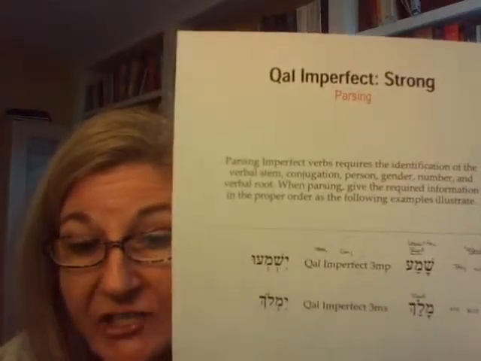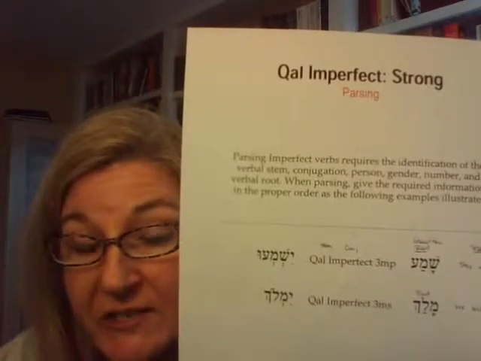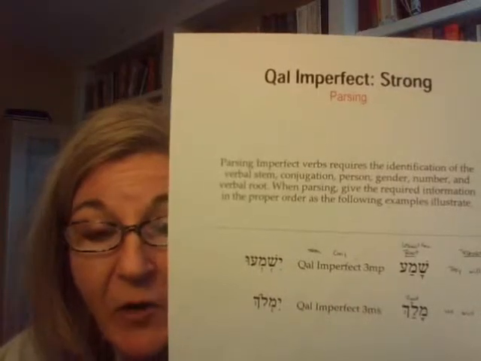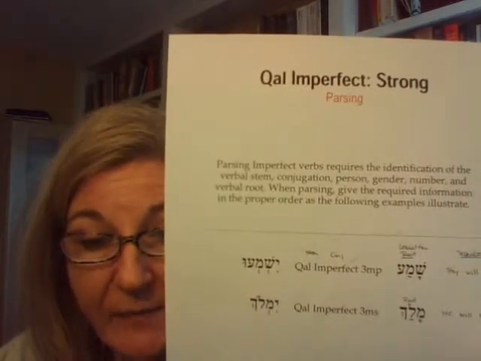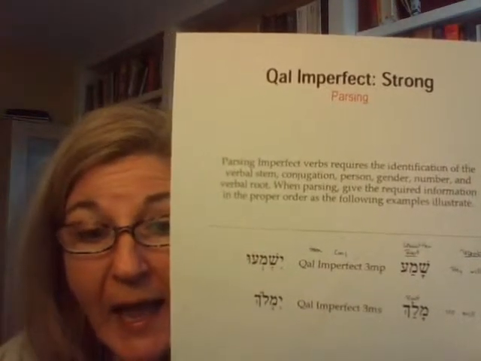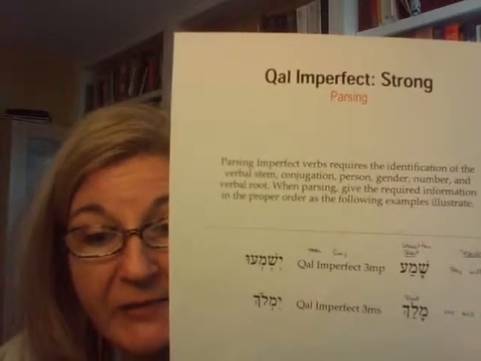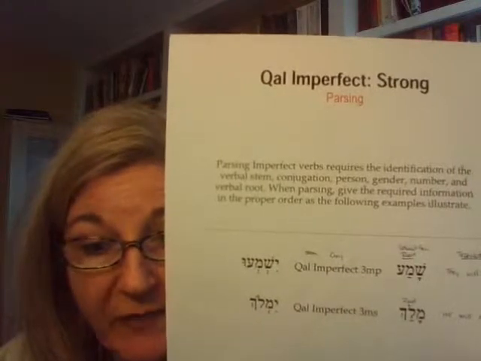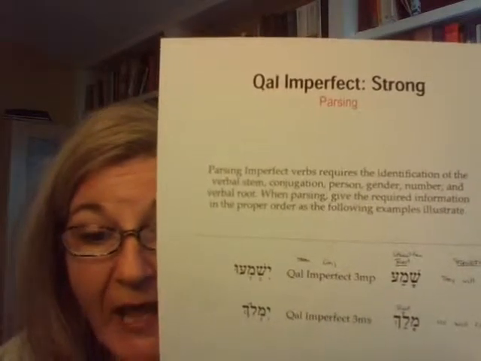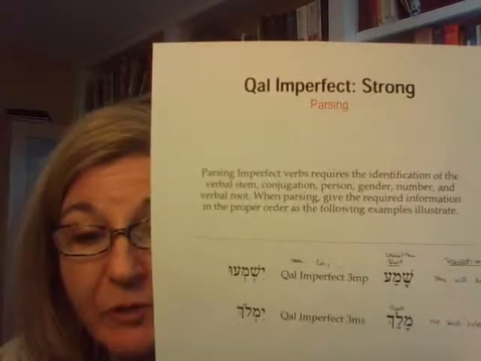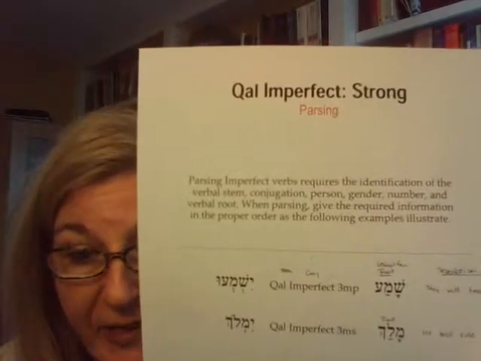And then the conjugation: the only two conjugations that you have to this point are perfect or imperfect. According to the verb and its prefixes and suffixes, it's going to be either imperfect or perfect, and that's its conjugation. And then person, gender, and number, third masculine plural in this particular case.